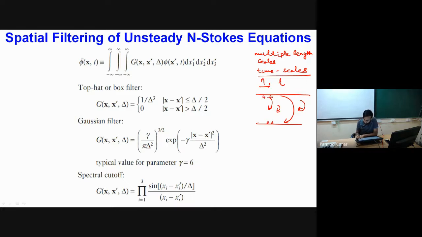So we will take some length scale which distinguishes between the large eddies and the small eddies. In order to distinguish between them, we first have to scan our entire simulation domain, and in this scanning we try to find out which are the large eddies and which are the small eddies.